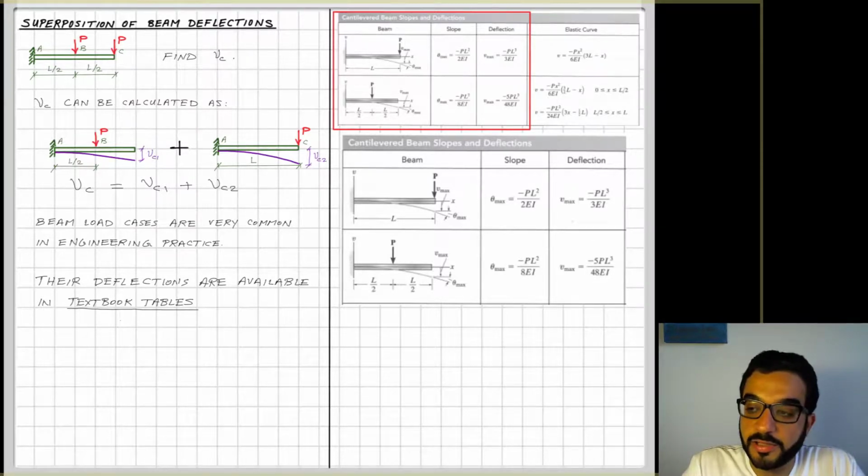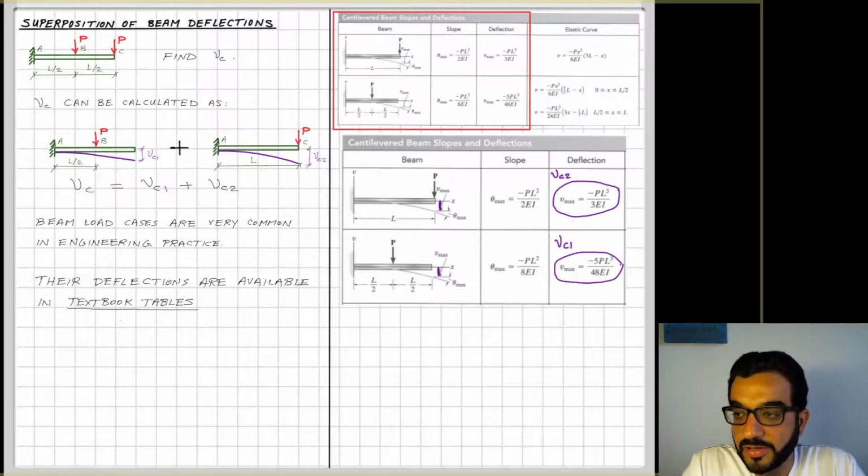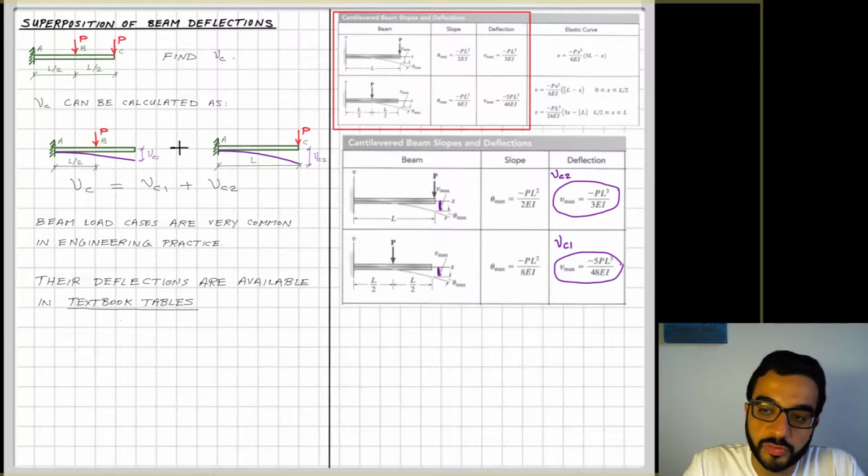And then the second and the third will give you the maximum slope and deflection, and typically we are interested in the maximum deflection. In our case here, the point of interest, point C, is where the maximum deflection happens. So we will basically match every maximum deflection for every load case with the nu C1, nu C2 that we have.